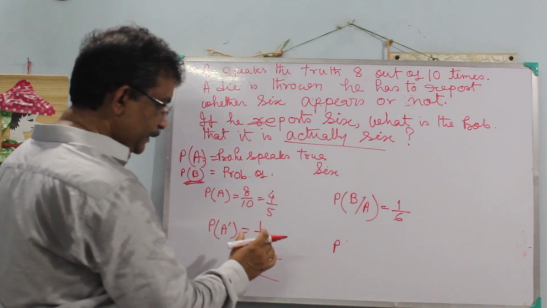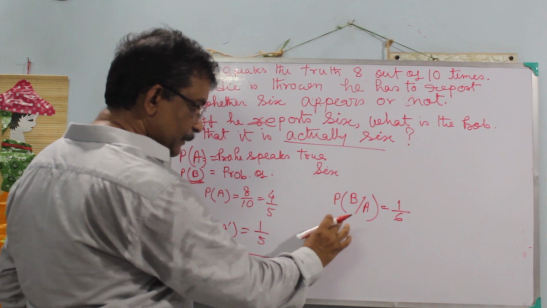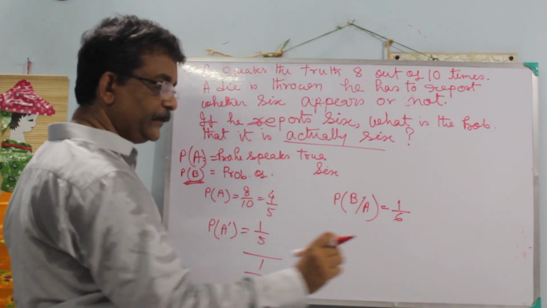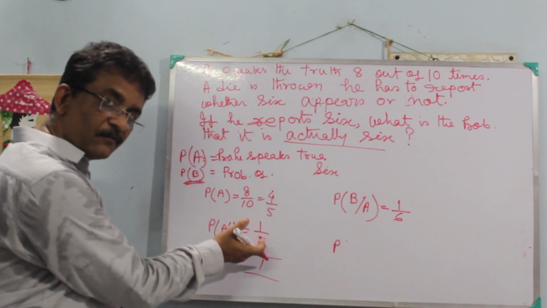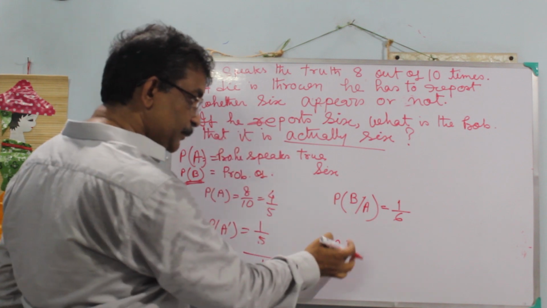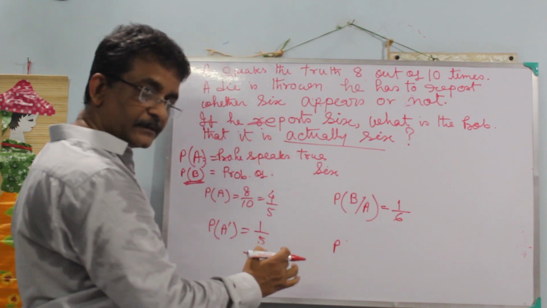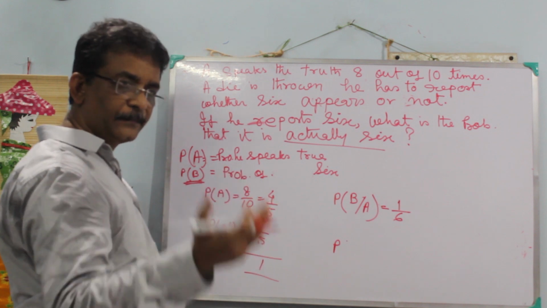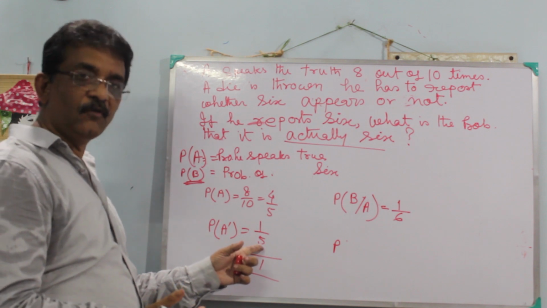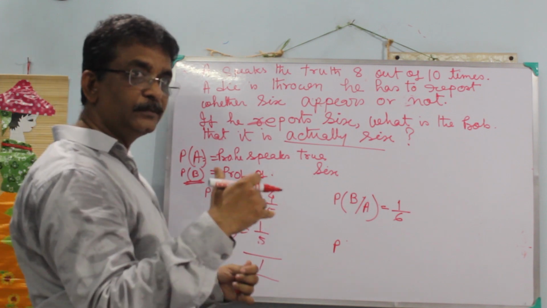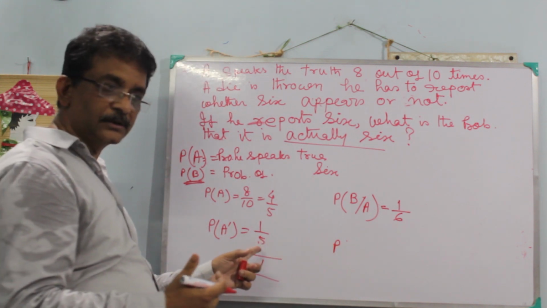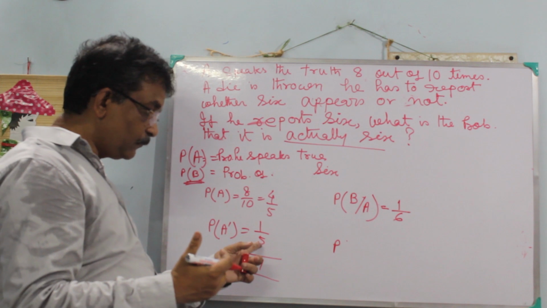Understand this. 6 does not appear, 1, 2, 3, 5 appears, and he speaks false. So what would be the reporting? 6 does not appear, he reports false. That means he speaks false.